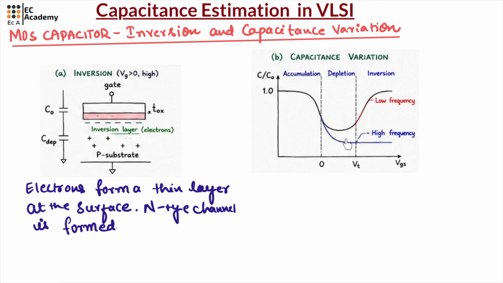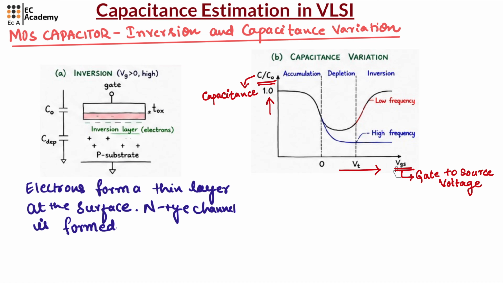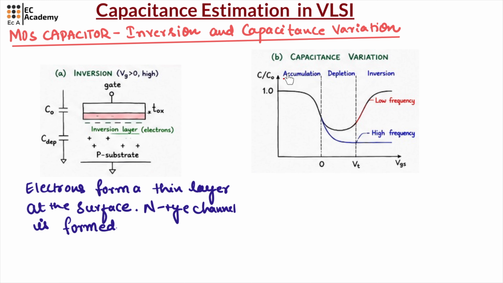Now look at this capacitance variation graph. The vertical axis is C over C0 and the horizontal axis is VGS. We have three regions: accumulation, depletion and inversion. In accumulation, the capacitance is high, and when we enter depletion, the capacitance is low, and in inversion, the capacitance behavior depends upon the frequency.